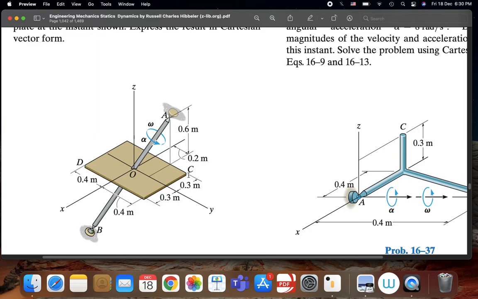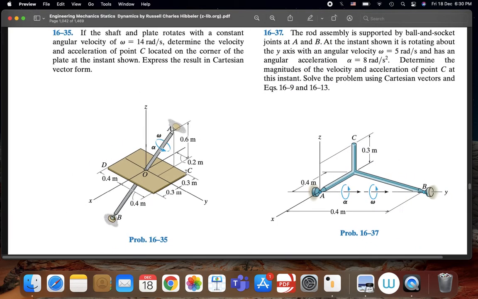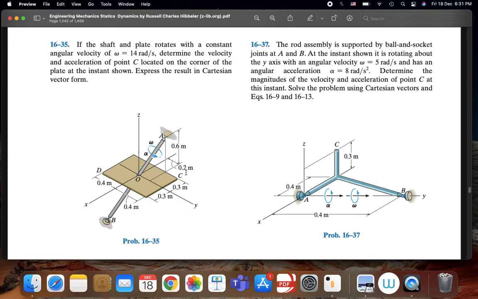And then we have to go a distance of 0.4 meters in the J direction. And we have only two components, in the I and in the J. And that's the vector formation of this vector R. Okay, so that's it. And then we carry out using our equations that we've learned in the class.